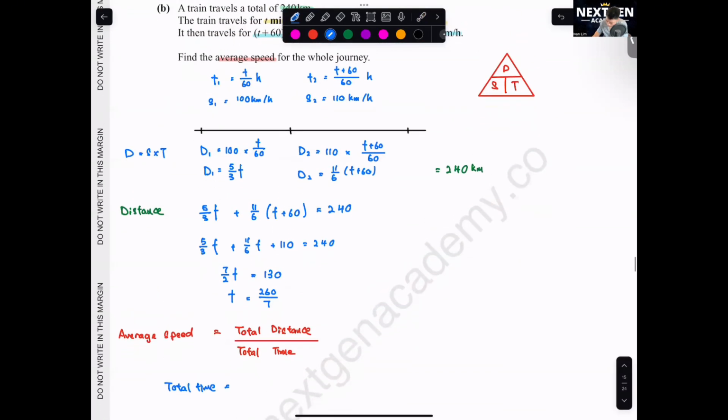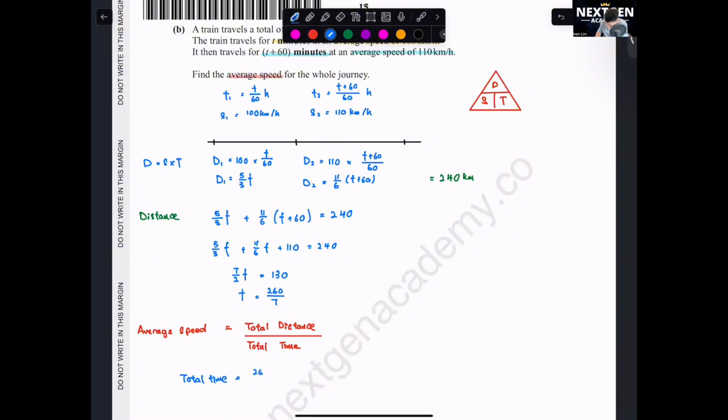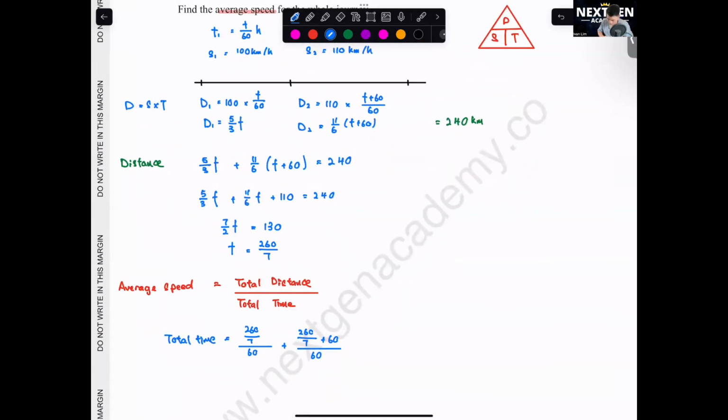Total time: it's 260 over 7 over 60 plus 260 over 7 plus 60 over 60. Just type this whole thing in the calculator. If you still keep it in fraction, it'll be 47 over 21.